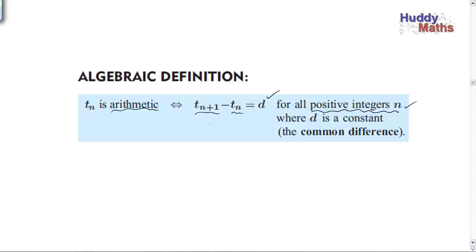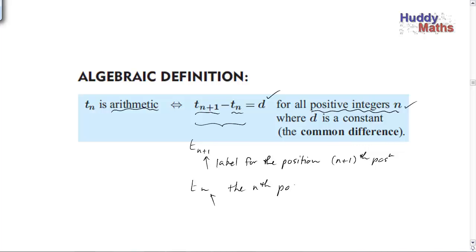Now, I want you to look carefully at this because this sometimes confuses people. Just remember, Tn plus 1, this subscript is a label for the position of the term. Where is it in the sequence of terms? Okay, so that means that is the n plus 1th position. Okay, let's look at Tn then. This means the nth position.